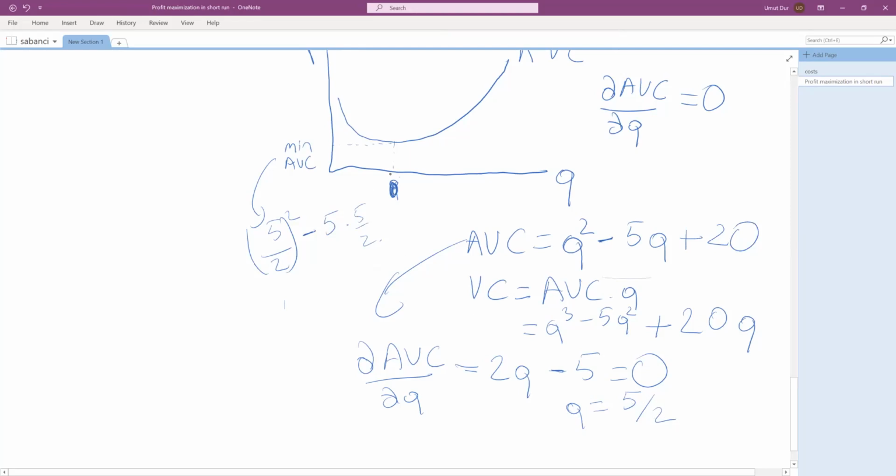Then if I want to evaluate the value of the average variable cost at Q is equal to 2.5, it will be plus 20.